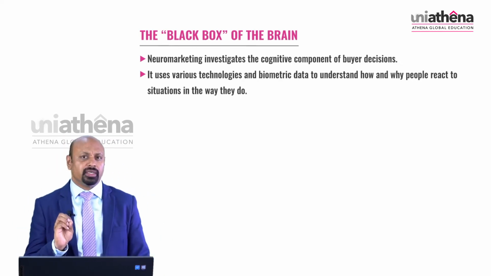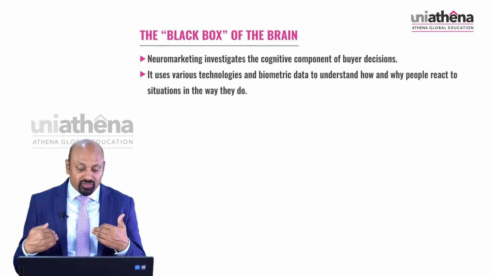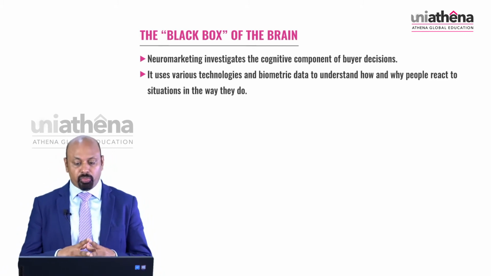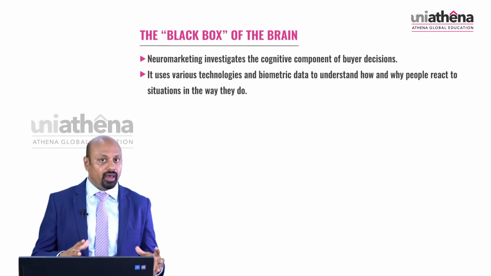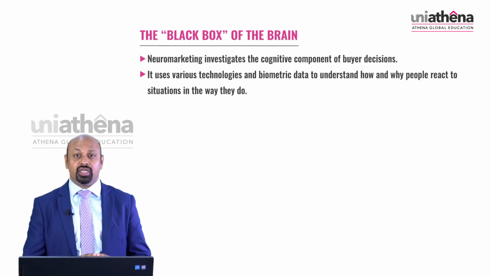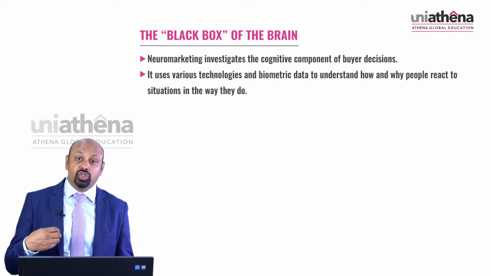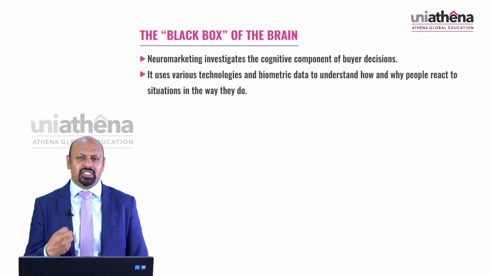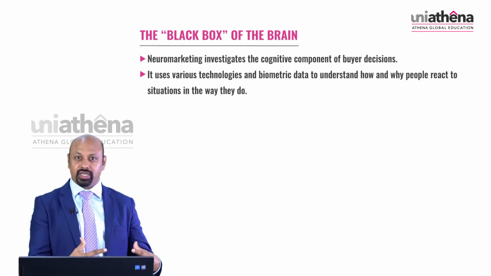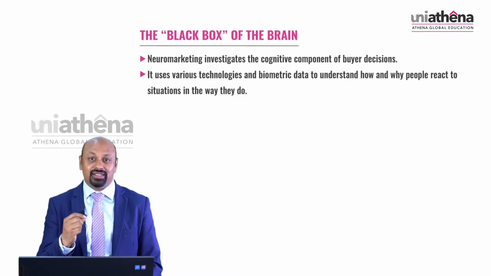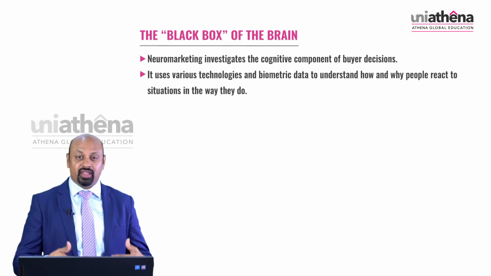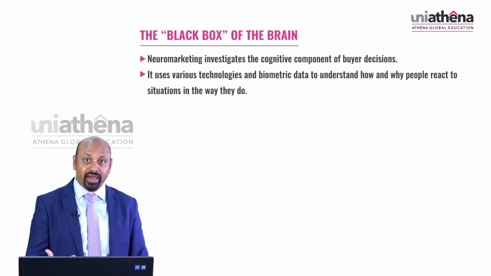Now, neuromarketing has a way of investigating the cognitive component of buyers' decision making. As I mentioned earlier, it uses various technologies, also biometric data, to understand how someone operates, how someone behaves, and why they make decisions in the way that they do in terms of buying and selling.